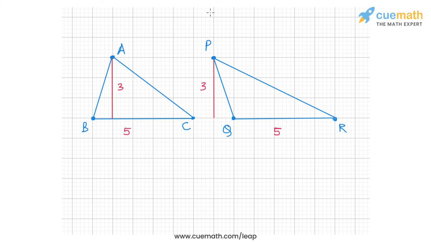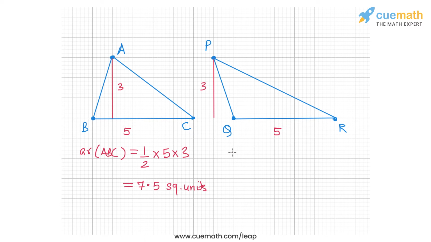So this triangle also has a base of 5 units and a height of 3 units. So let's write the areas. The area of triangle ABC will be half into base 5 into 3, so half into 15 or 7.5 square units.